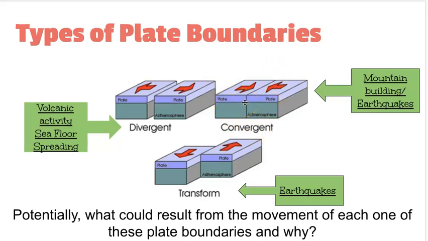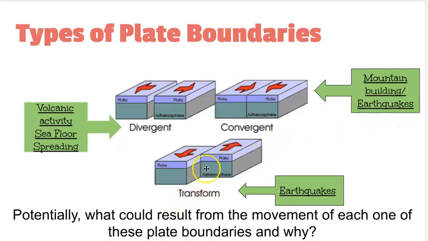We don't have one subducting underneath the other. We just have them bunching up, kind of like if you rubbed up against a rug on the floor and you bunched it up into a ball. That's sort of what can happen at convergent plates as well. And we end up having what's called mountain building. And we can experience earthquakes in that situation.